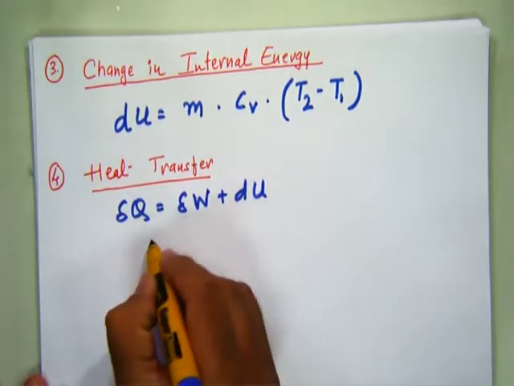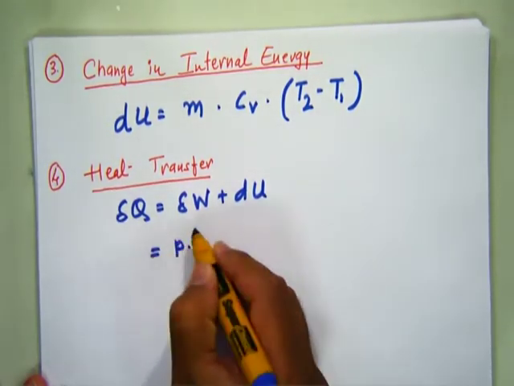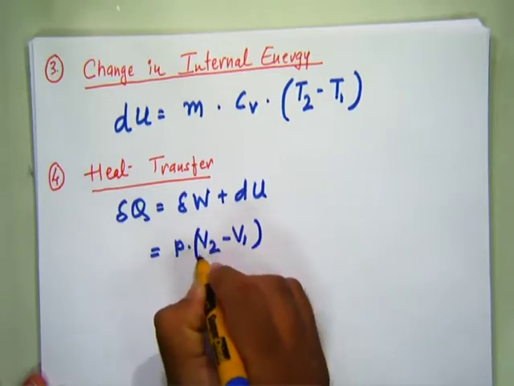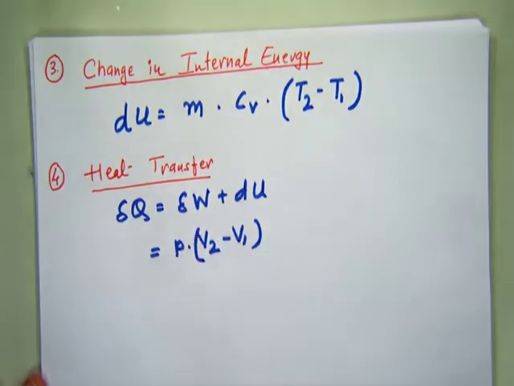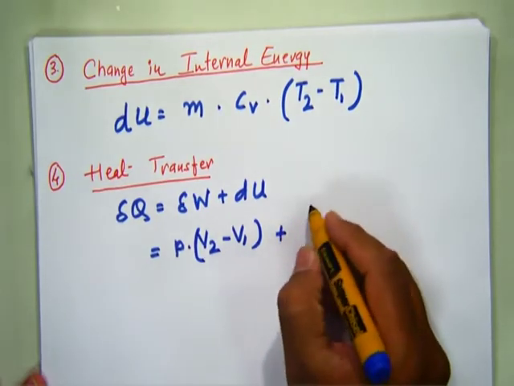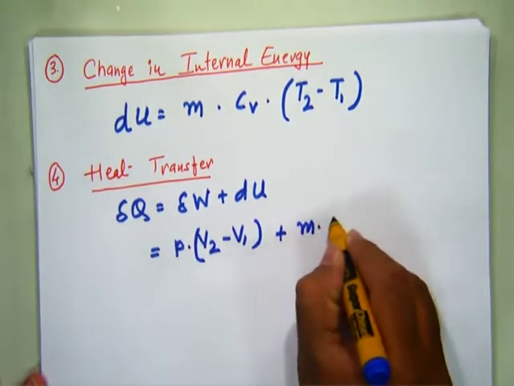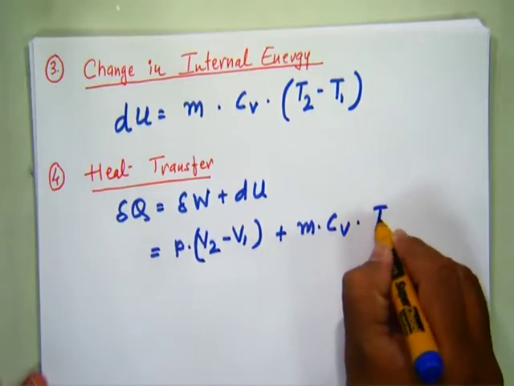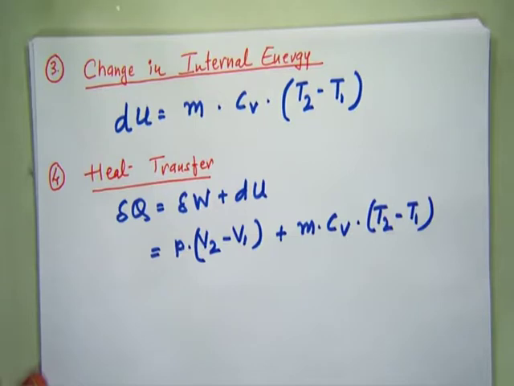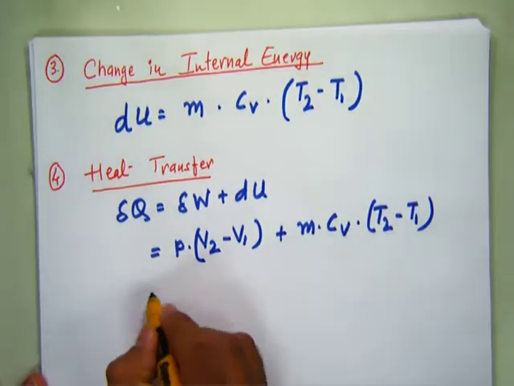The work you have already defined, P into (V2 minus V1). You also know the change in internal energy is equal to M into Cv into (T2 minus T1).